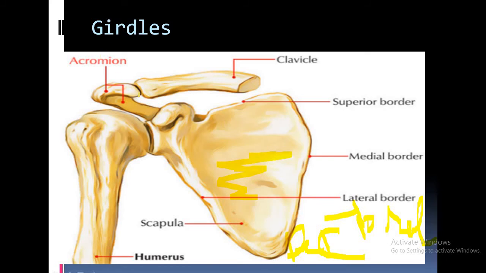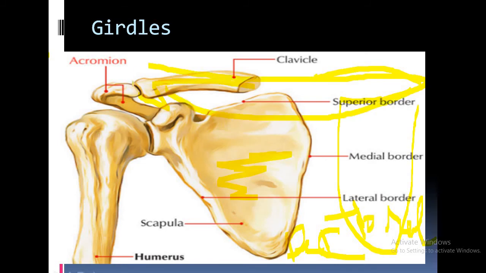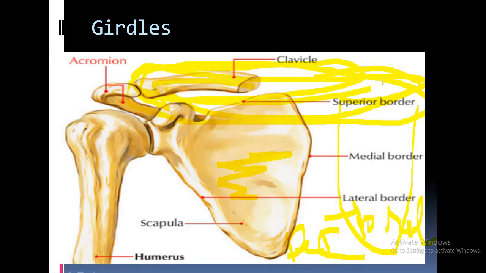The clavicle and scapula join to form a girdle on one half, then another clavicle and another scapula on the other. It forms a ring-like structure, so that is why it is known as the pectoral girdle. Pectoral means upper, and girdle means it forms a ring-like structure.